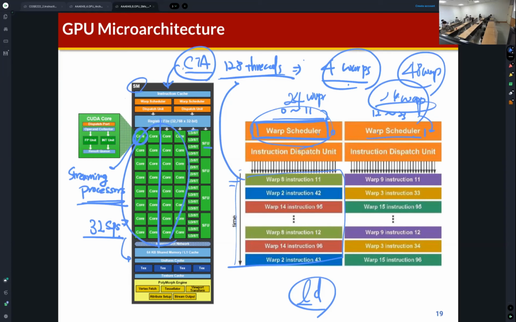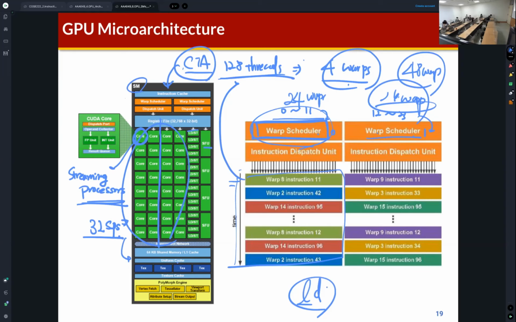Usually, when a load instruction, a memory instruction, is executed and the data is fetched from the cache, it is very fast. But if the data is fetched from the main memory, then it will take around 100 cycles. This memory latency cannot be hidden by this warp-level multithreading.